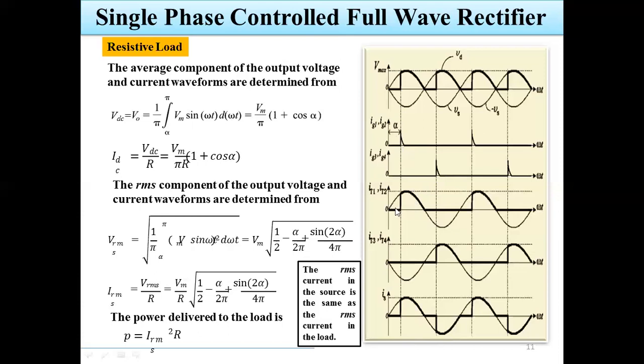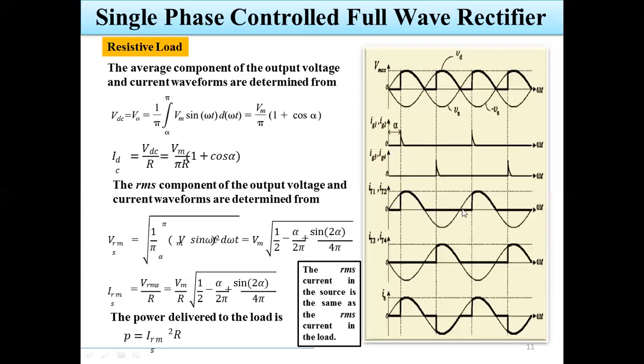Here, if you observe T1 and T2, thyristor 1 and thyristor 2, the current through the switch up to alpha should be 0. At the angle alpha it is fired, so the thyristor is turned on, that is a switch on, and the current will be moving.